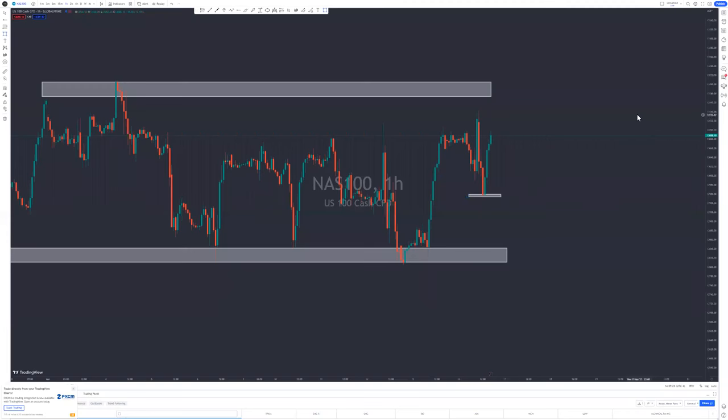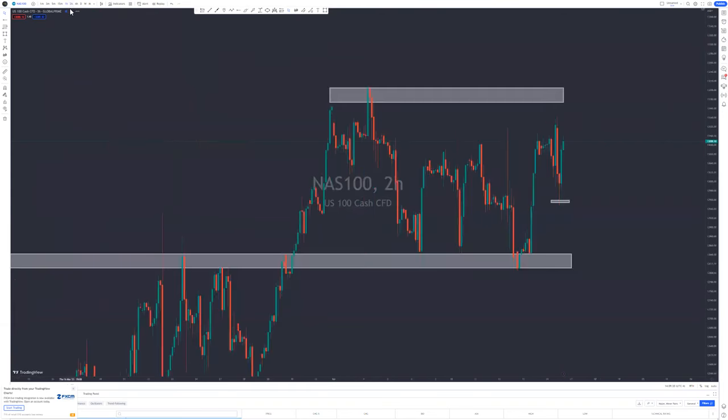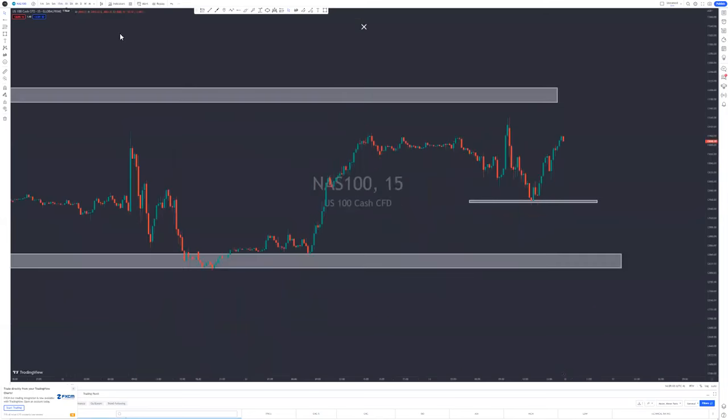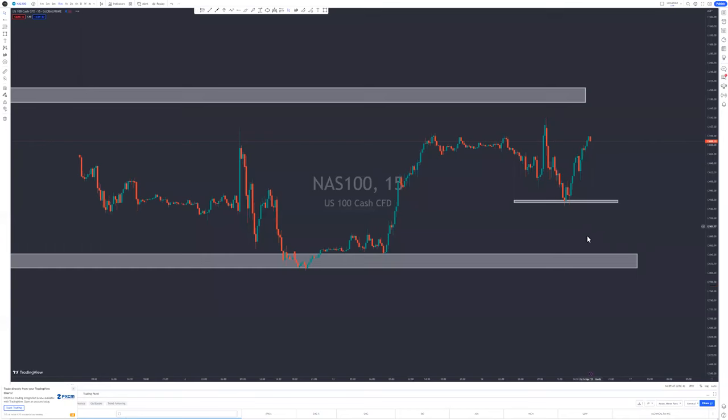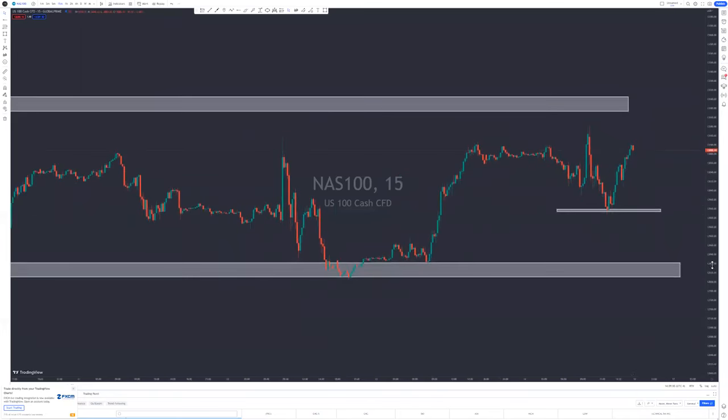As we go to the smaller time frame, you'll see what was really happening. So I'll approach the M30. Okay, well, the M30, I didn't put it on my list. I'm on the M15.